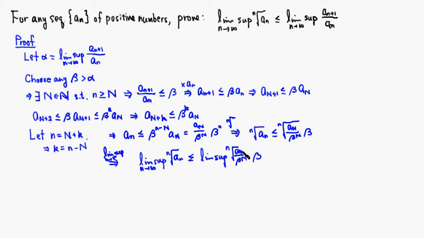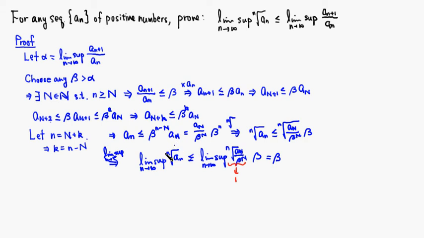The nth root of any constant, we actually proved that before, approaches 1. So therefore this is equal to beta.